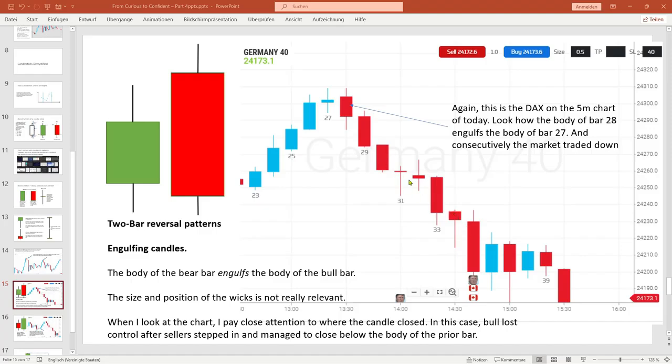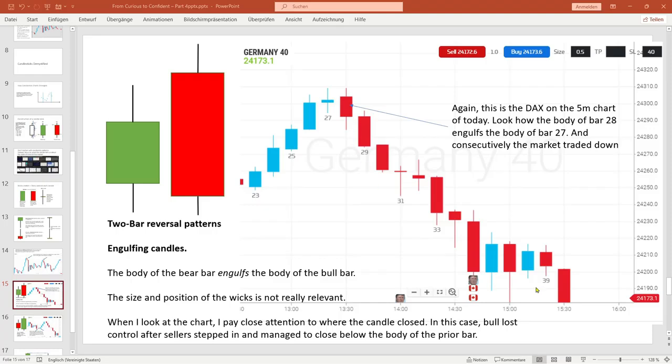We have a series of bear bars. To me, the close matters. I pay close attention if I get a close below the low of the prior bar, to discern whether we are still in a downtrend in this example.